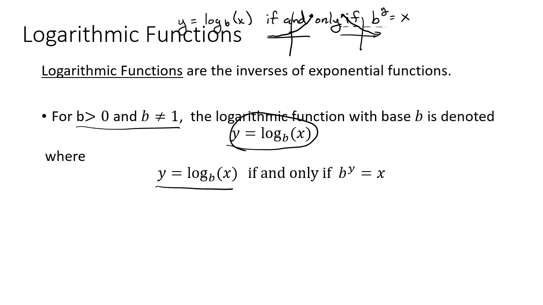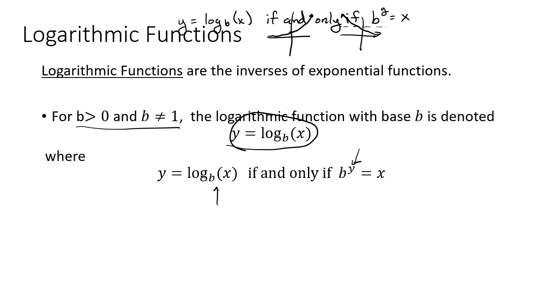So we're taking this logarithmic function and we're defining it in terms of an exponential function. And let's pay attention to what the most important part here is. The logarithm itself is the y value, which is the exponent of this exponential equation over here. In other words, the value of the logarithm is the exponent that would make this equation true.